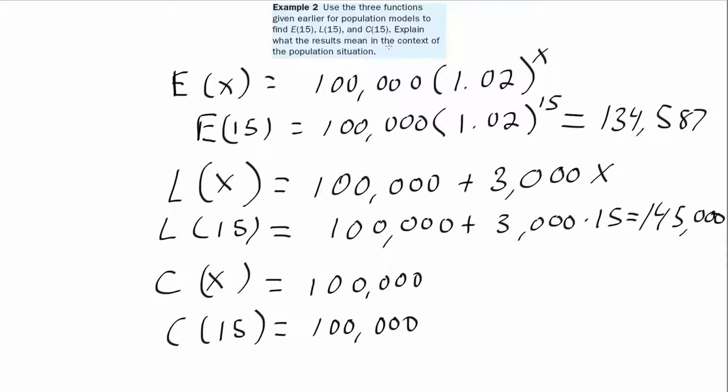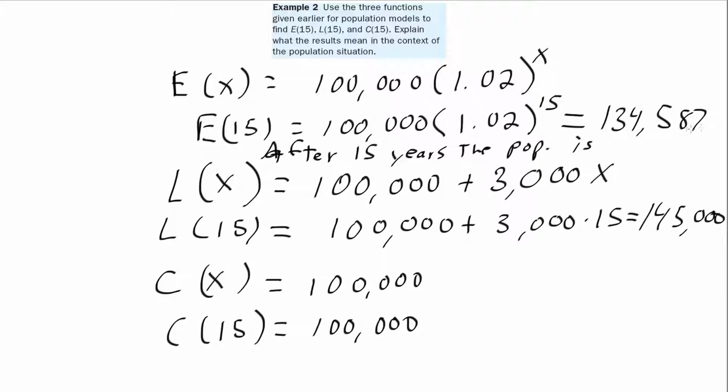Explain means, in the English language, using complete sentences, say what it means. For the exponential model, after 15 years, the population is 134,587.